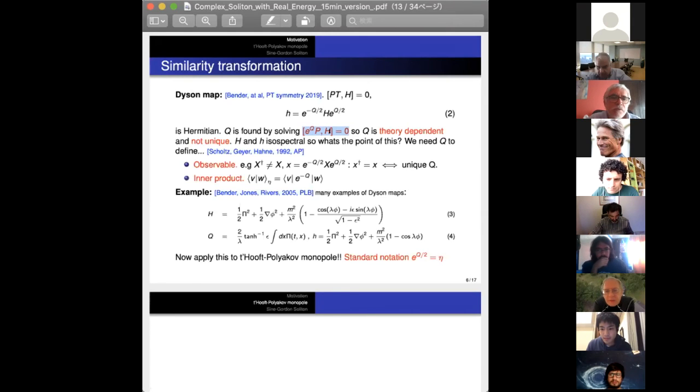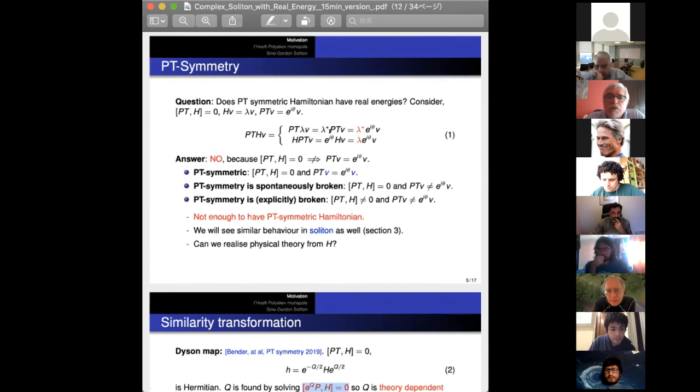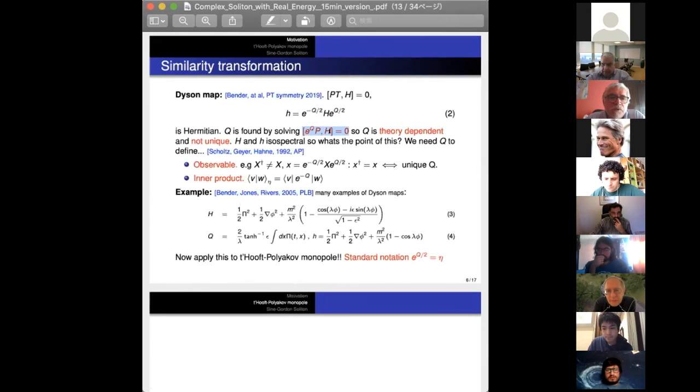Maybe I can comment on the classic example in quantum mechanics, ix to the power 3. The similarity transformation is only known perturbatively, so there isn't even a closed formula for that simple example. But you need it in order to define your observables. So that's essential.